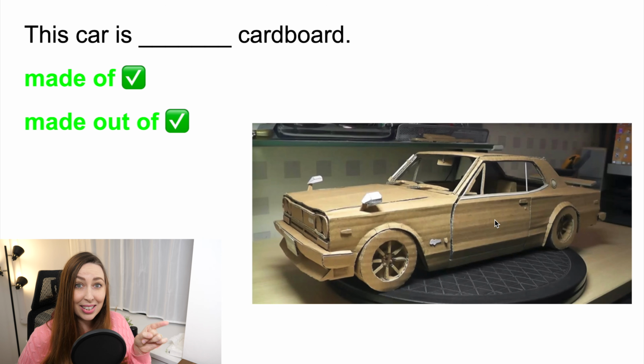We can still see the actual cardboard. So this car is made of cardboard. We can also say this car is made out of cardboard because it is mainly cardboard. I think they only used cardboard. So this car is made out of cardboard. We have two best answers.